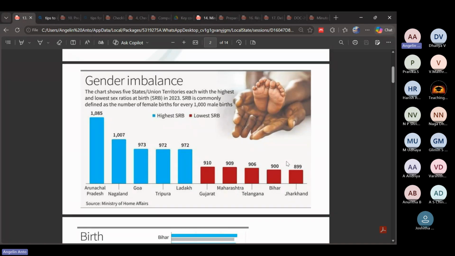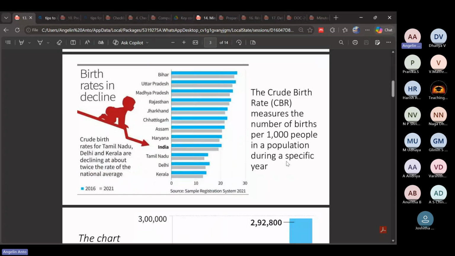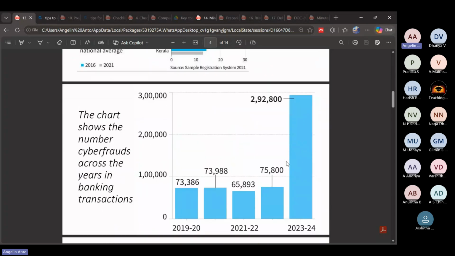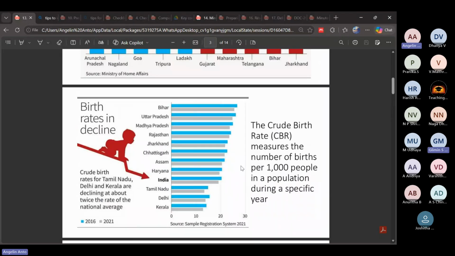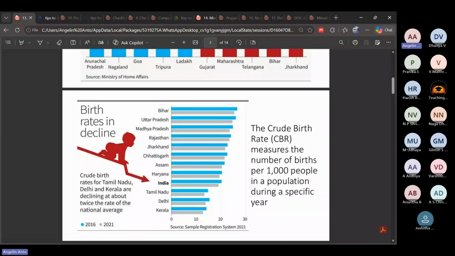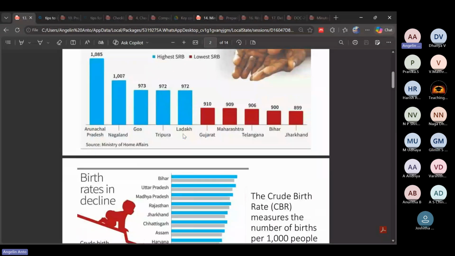Generally, as soon as you look at a graph or whatever data interpretation method you're given, you should know what it tells you. What are the parameters? Parameters as in the X and Y. So this is the number of cyber frauds, and this is the years. Similarly, here it's the states, and here it's the cities. Like that, you should know what the data is actually telling you.